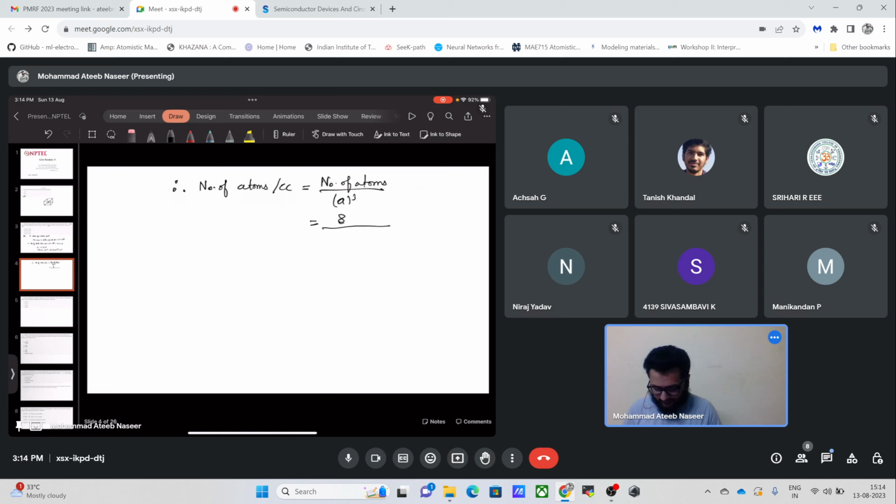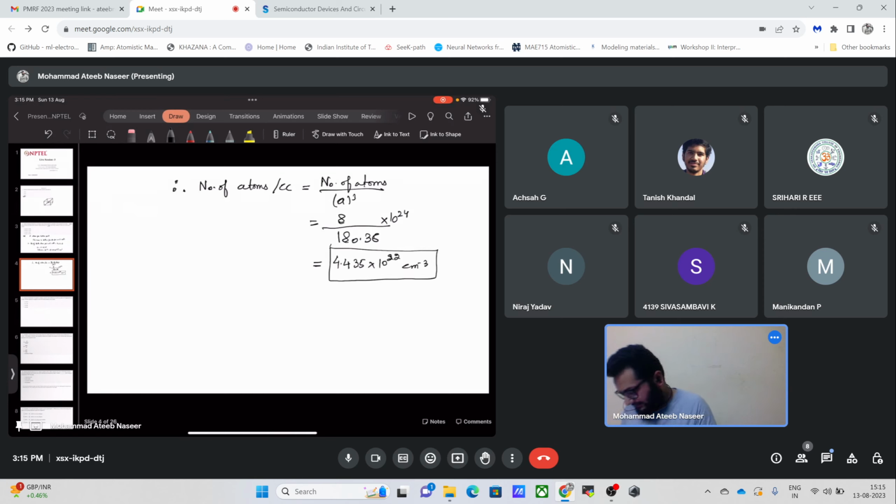Let me calculate it. 5.65 raised to the power 3 is 180.36, into 10 to the power of minus 24, so it will be 10 to the power of 24 above, and let's divide 8 by this, it will be 4.435 something into 10 to the power of 22 per cubic centimeter.